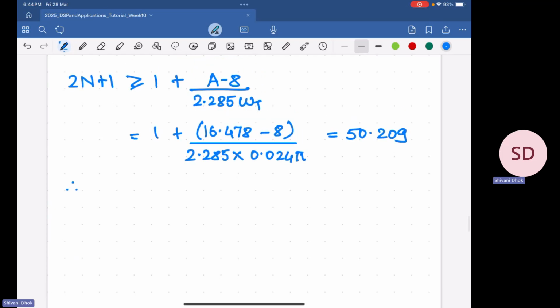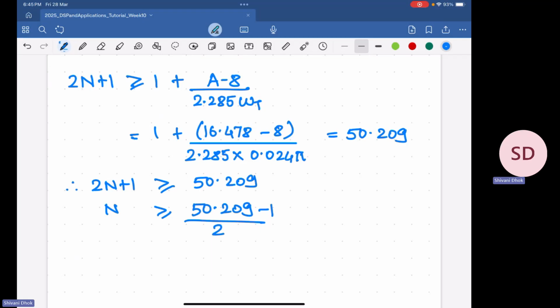So now we have 2n plus 1 greater than or equal to 50.209, which means that n is greater than or equal to (50.209 minus 1) divided by 2. Since we want a minimum value, we take the ceiling here. So this comes out to be equal to 25.